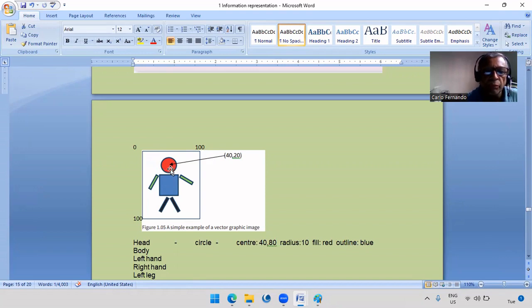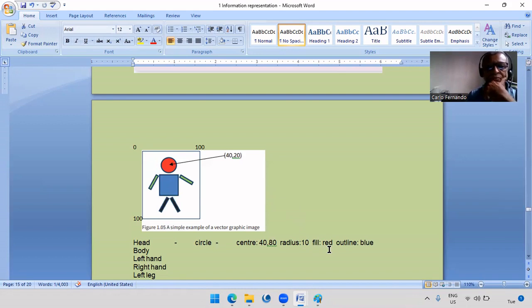So 40, 20 is where the circle is centered, then radius 10. So 10 pixels or whatever. It's just an example, not accurate. So 10 to draw the circle.